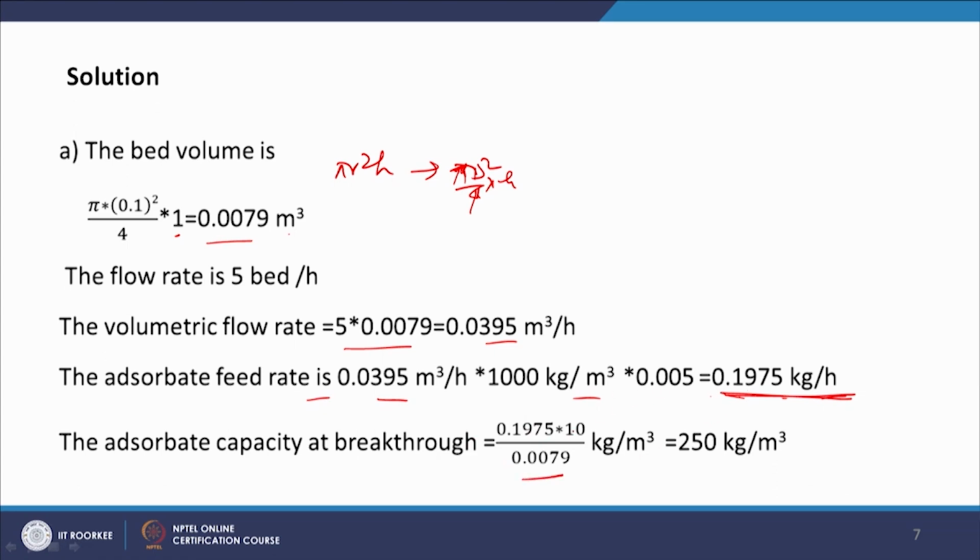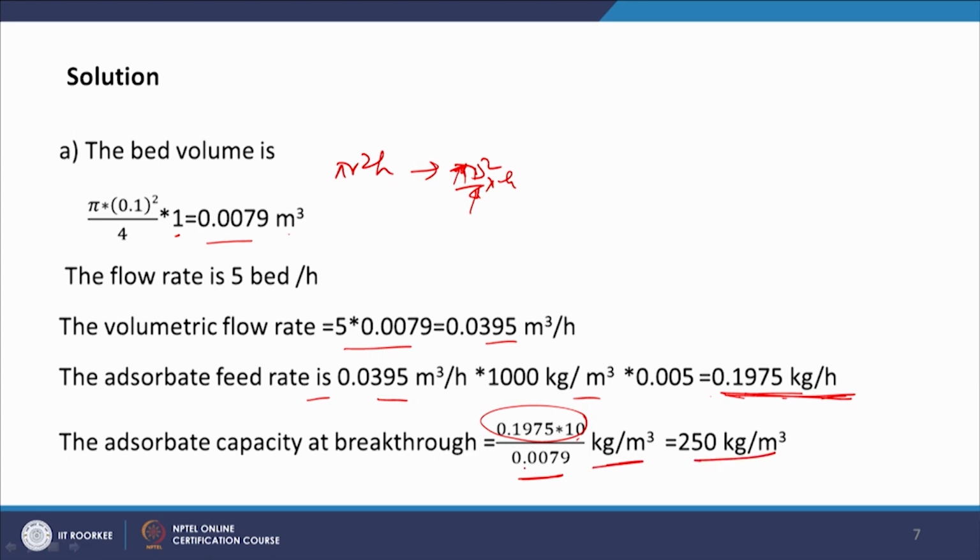So, we have 10 hour, the first time we are getting the concentration of the pollutants at the outlet from the packed bed. So, that is 10 hour, 10 hour into this kg per hour. So, this is the total adsorbate captured by the adsorbent bed, divided by the volume of the adsorbent available in the bed. So, that kg per meter cube we are getting is 250 kg per meter cube.